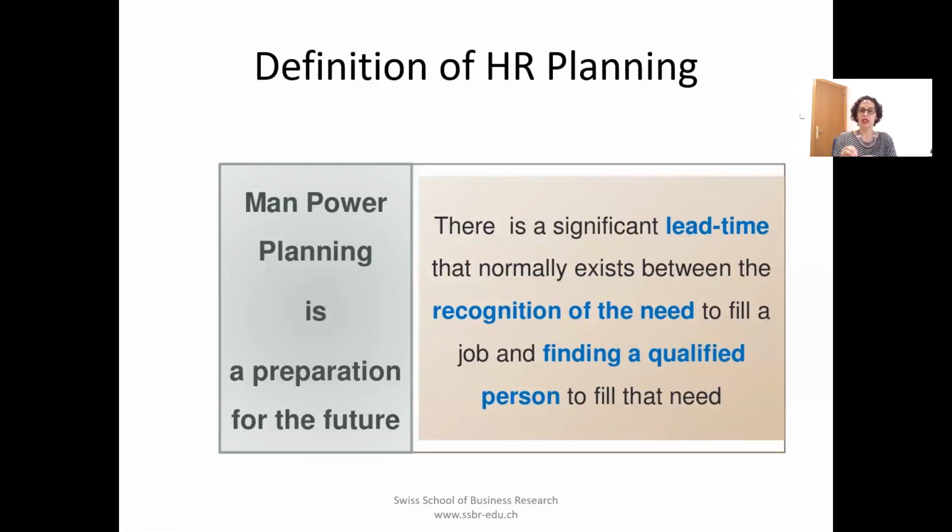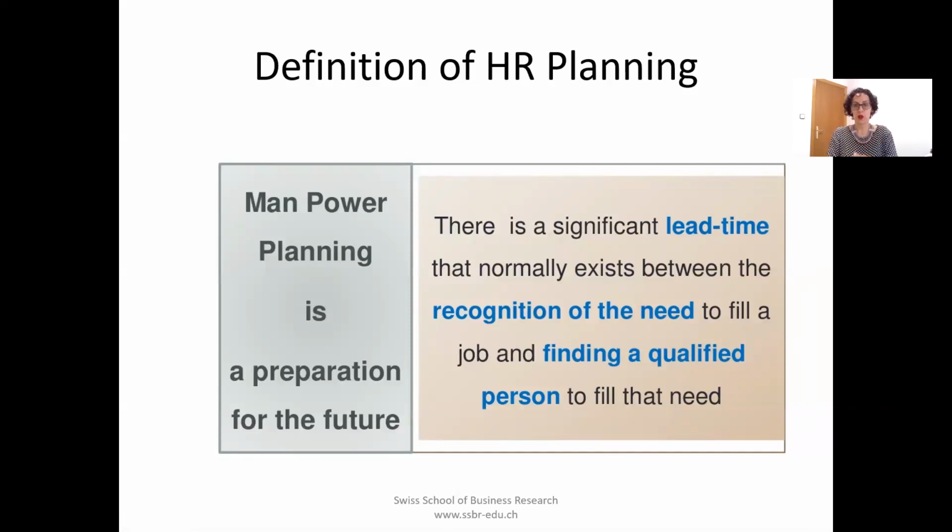It helps us to understand that there is, of course, a certain amount of time in which we are needing somebody, but we are not finding them. And so that time of work requires us to be able to find the person in the quickest way, so that there is no problem within our workforce and there is a significant lead time.